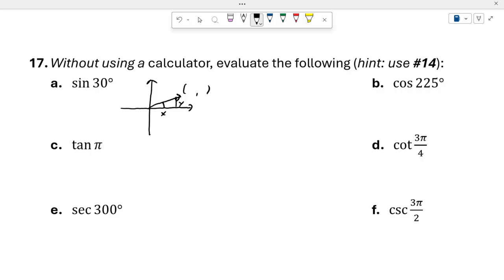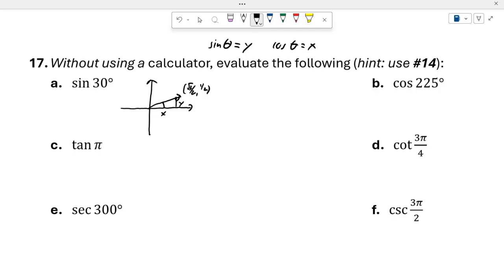It's just a question of which one's which. Because I have a wide, short triangle, my x coordinate is going to be the larger number, and my y coordinate is going to be the smaller number. Now, what I need to remember is that sine is your y coordinate, and cosine is your x coordinate.